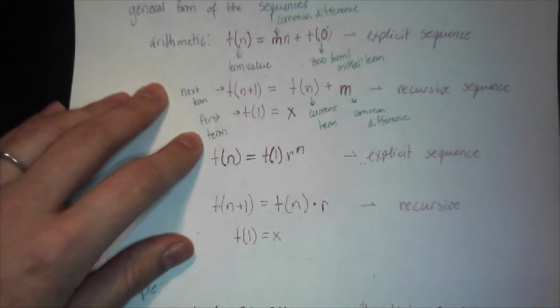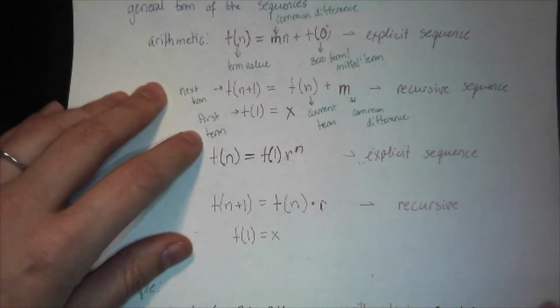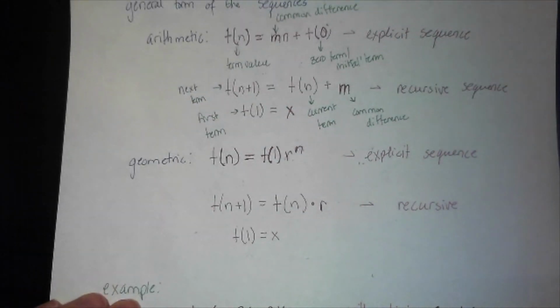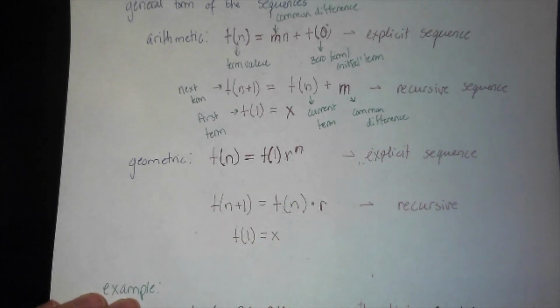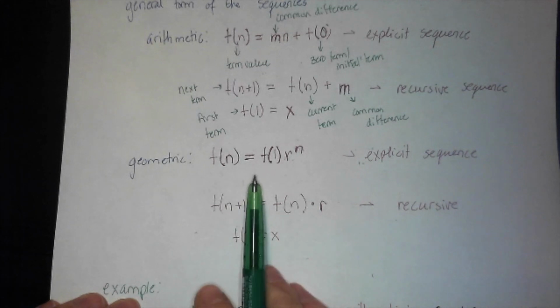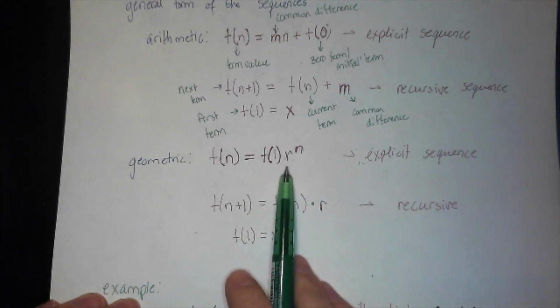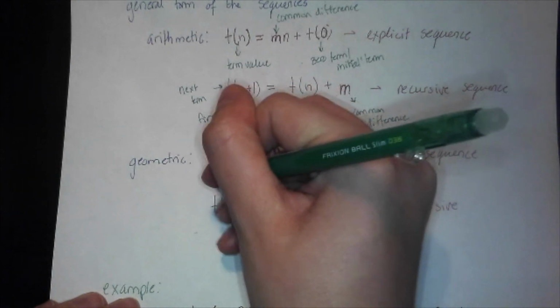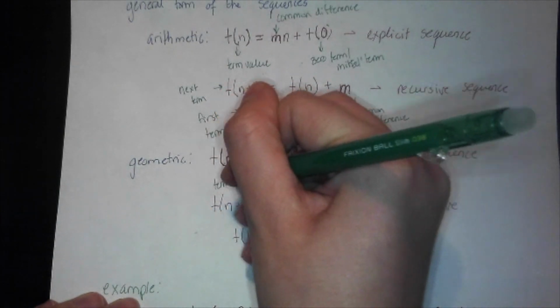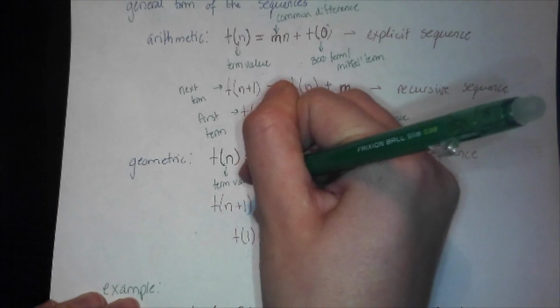So let's go ahead and now look at our geometric sequence. So this might be another good pause point for you to copy down some of this information. Geometric takes the general form. So for the explicit sequence, geometric takes the general form t of n equals t of 1, so our first term, times r to the n. So t of n is our term value again.